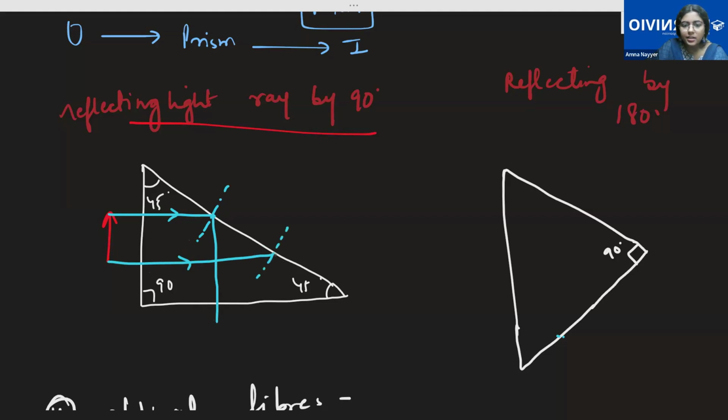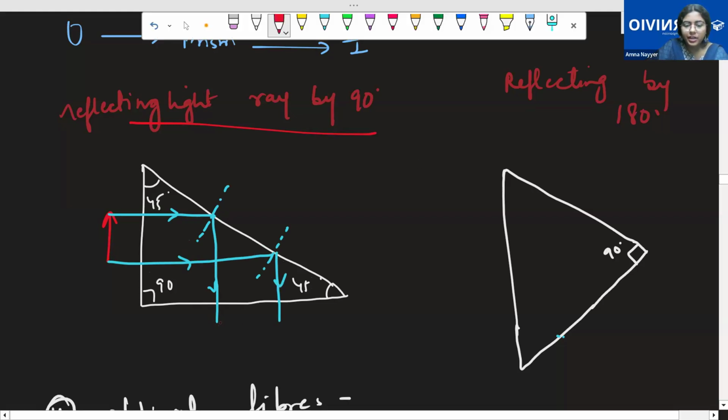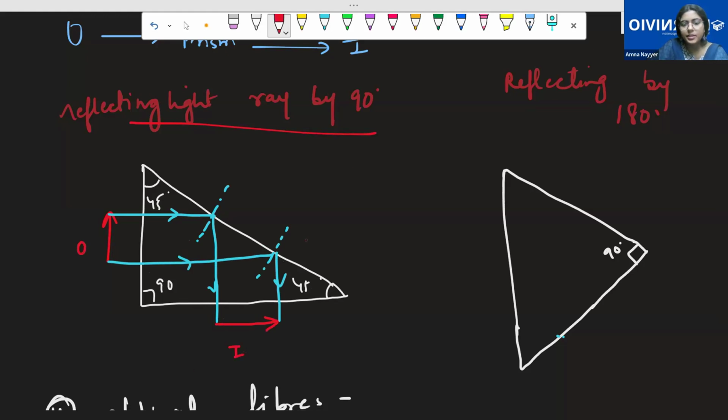Here also TIR occurs and this also gets transmitted like this. So what happens? The image created is in this manner. This is the object, this is the image. This is how it is deviated by 90 degrees. So this depends on the orientation of the prism. You change the orientation, the reflection can be changed, and it can be in some random angles also.